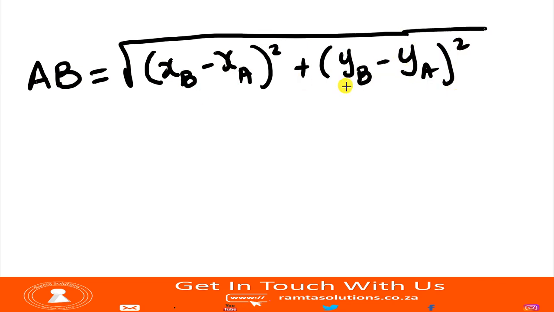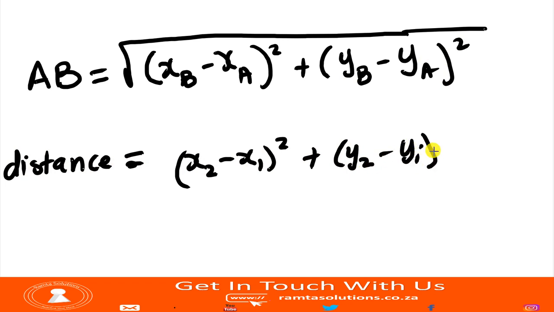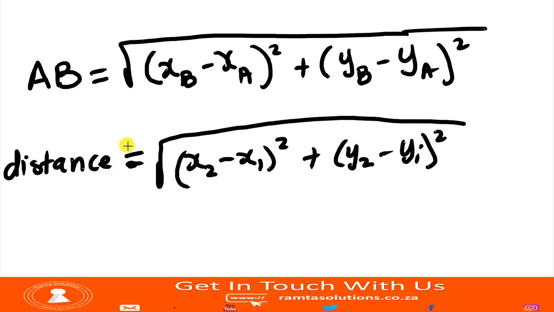If you write it like this, it's okay. But what I want to say generally is that distance is basically the square root of x sub 2 minus x sub 1 all squared plus y sub 2 minus y sub 1 all squared. Of course, the square root of all these. When you are given your distance, remember, generally distance is this.